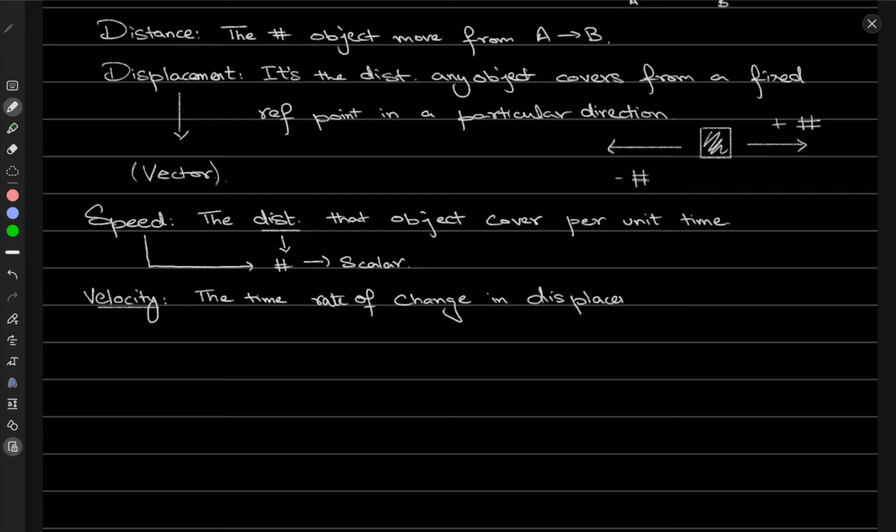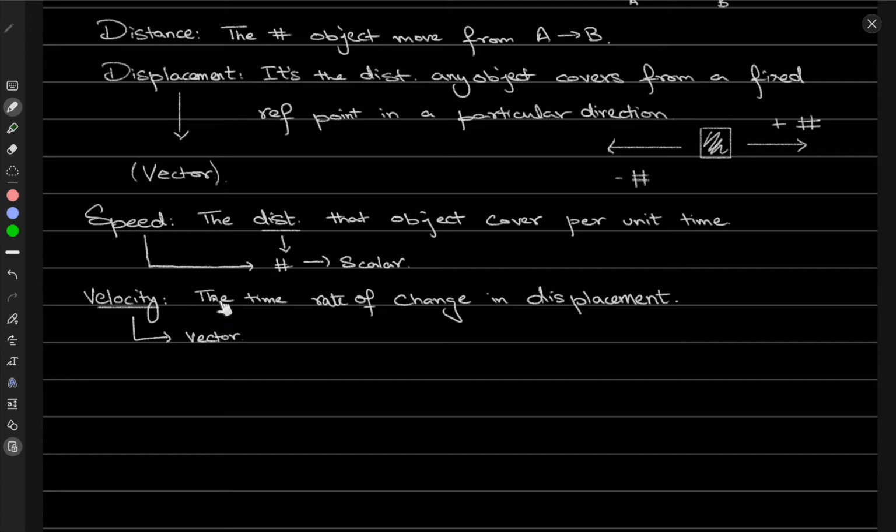So how is my displacement changing? How fast is the displacement changing? That's the velocity. And now velocity is a vector quantity because displacement is a vector quantity.